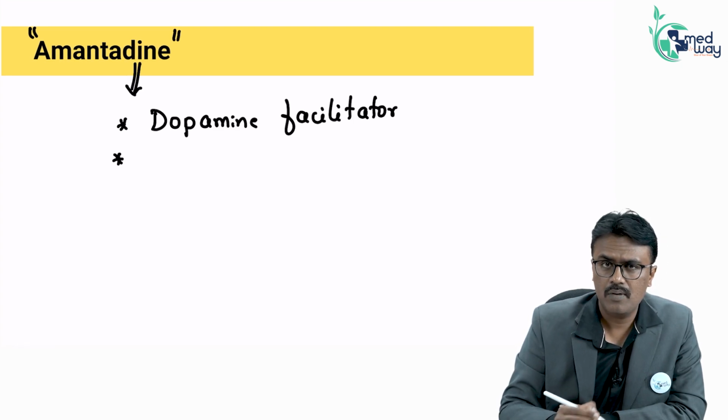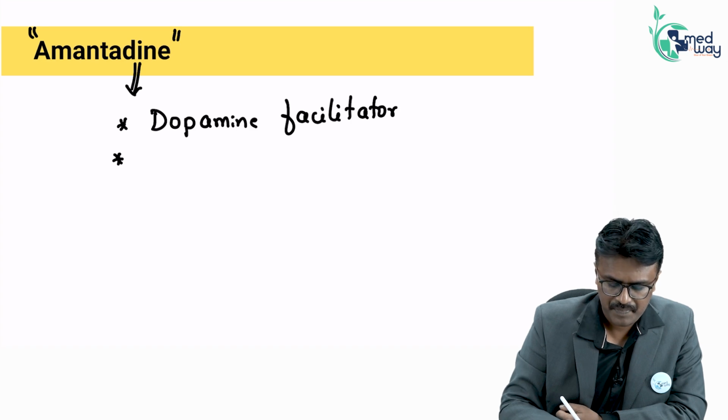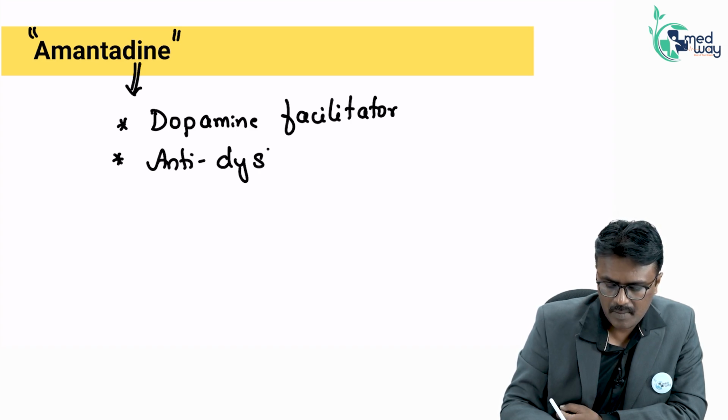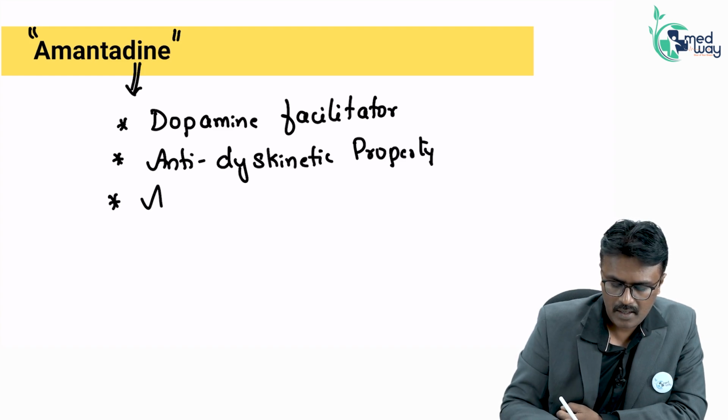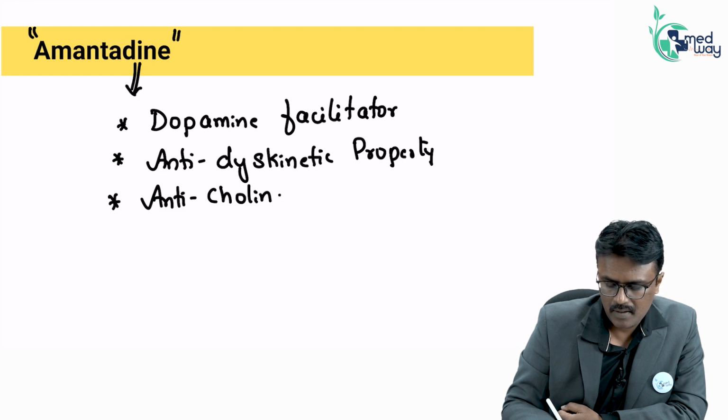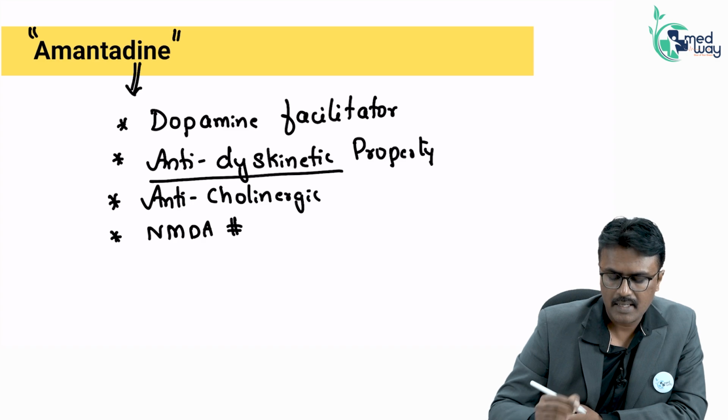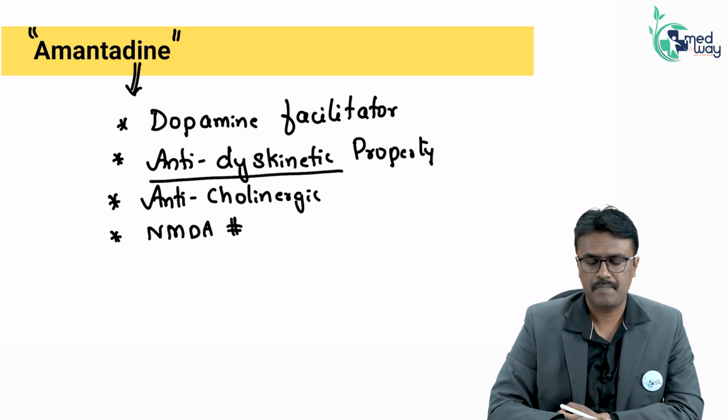Second, it will not allow the dyskinesia to happen. It has anti-dyskinetic property, and it has been shown to produce anticholinergic property also, and it can block the NMDA receptor. So if you don't want to remember all this, at least remember it has anti-dyskinetic property.